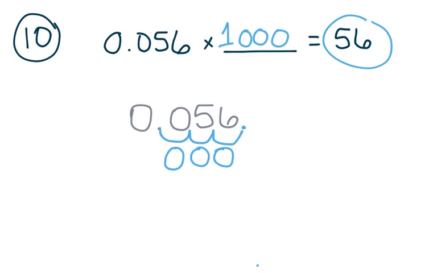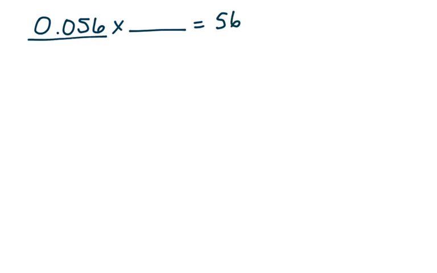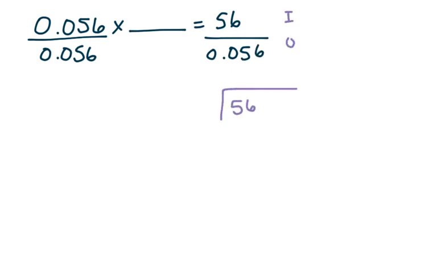All right, on the next page, I'm going to show you how you could just divide. Okay, so if you had 0.056 times blank equals 56, and you divide to get the blank by itself, inside, outside, 56 divided by 0.056, and you move the decimal until you get a whole number, and you move it the same number of spaces over here.